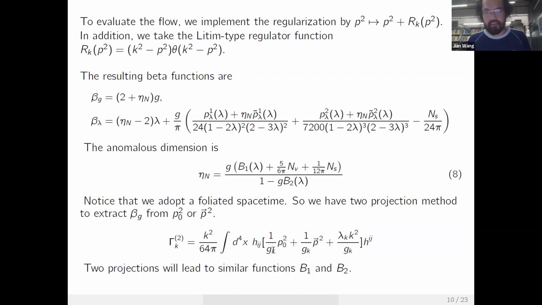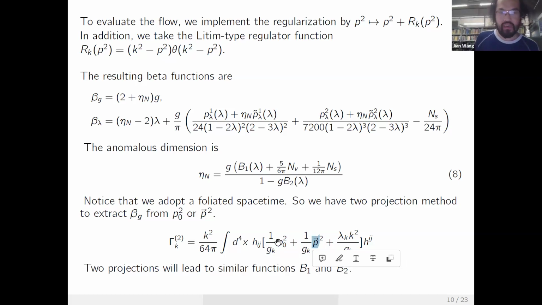Usually, the Newton coupling appears in the external momentum part of the two-point function. For our case, since we work on a foliated spacetime which breaks the Lorentz symmetry, in principle the coupling in front of the temporal momentum part could be different from the coupling of the spatial momentum part.